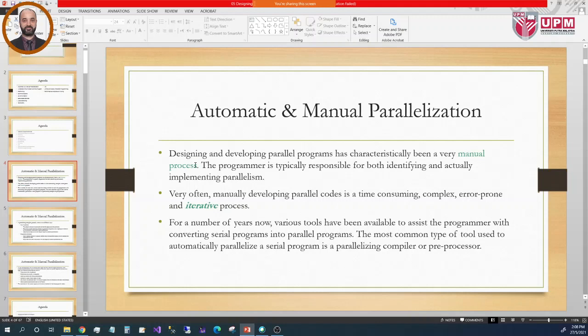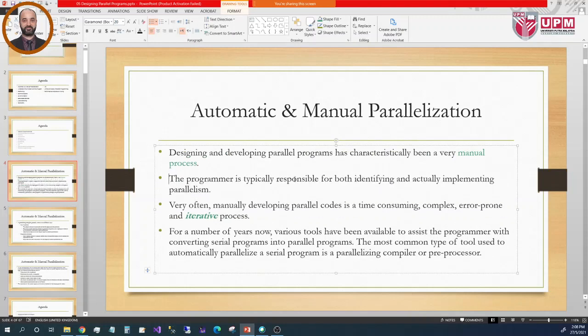Designing and developing parallel programs has characteristically been a very manual process. So the first point is that the parallelization of programs is mostly a manual process. It is the responsibility of the programmer to decide what things work in parallel and what things work serially or sequentially.